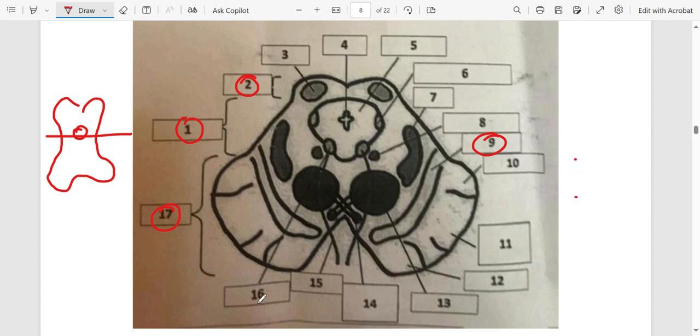Okay. So having mentioned that, let's again start on the front part. So for the front, you can see we have got these three parts. This one, and this one, starting from the front. So the front most we have got the frontopontine fibers, and then we have got the corticospinal and corticonuclear fibers in the middle, and then temporopontine fibers.